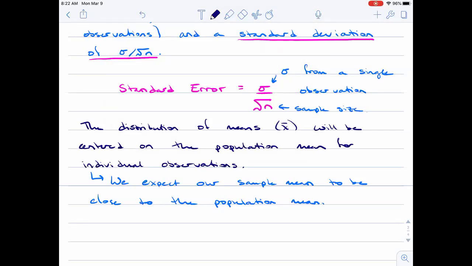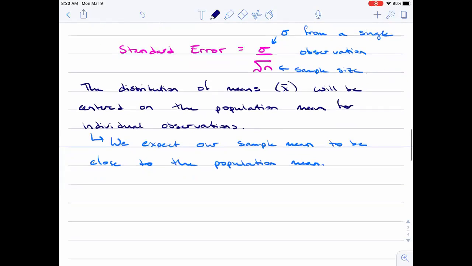What we're developing here is the theory behind why I only have to collect one sample: because I can then assume that it follows a normal distribution centered on mu, the population mean, and has a standard error of sigma over root n. So at the end of the day, we'll only collect one sample, but the reason is because we know that that sample mean is going to follow a normal distribution.